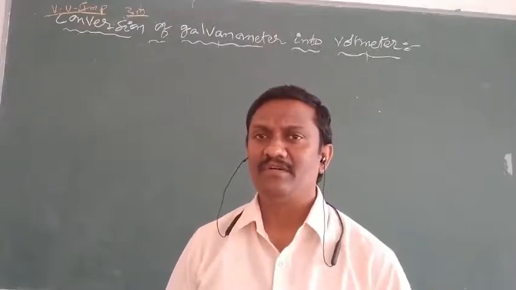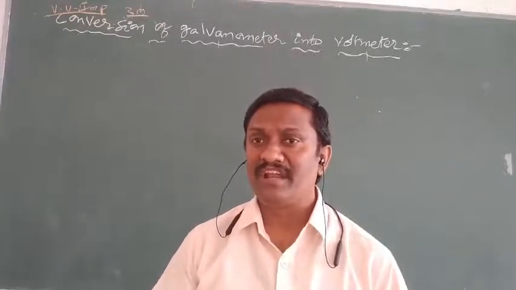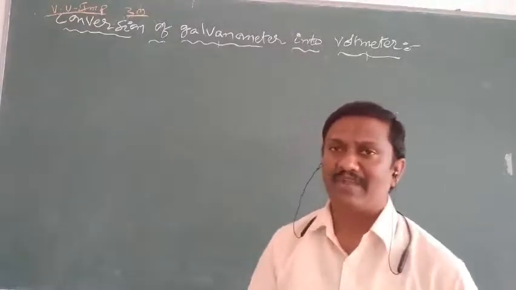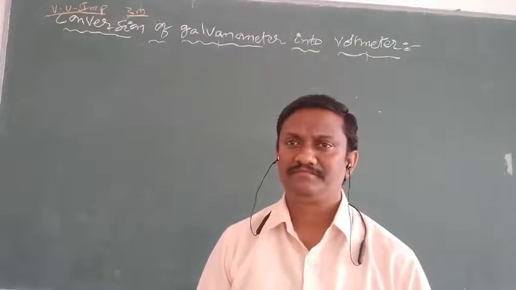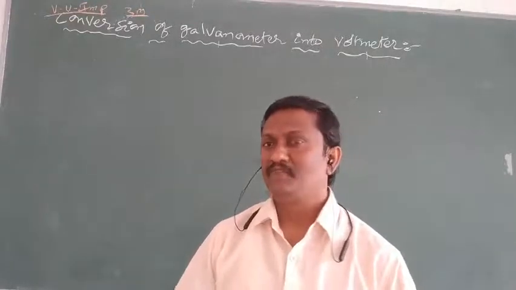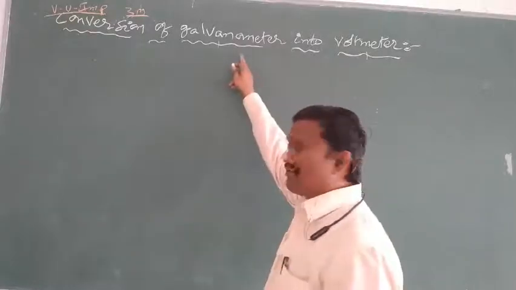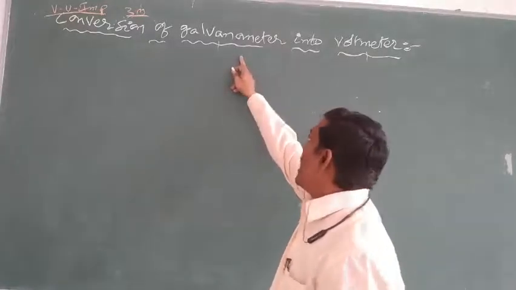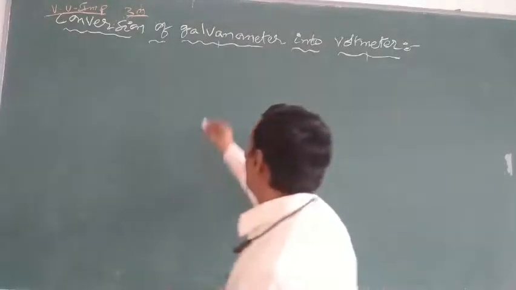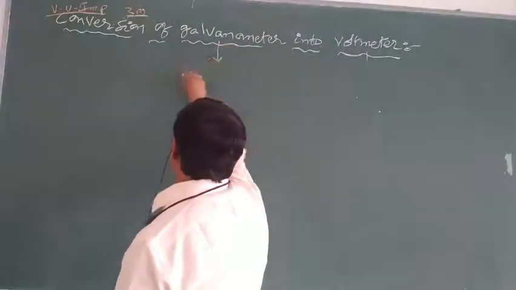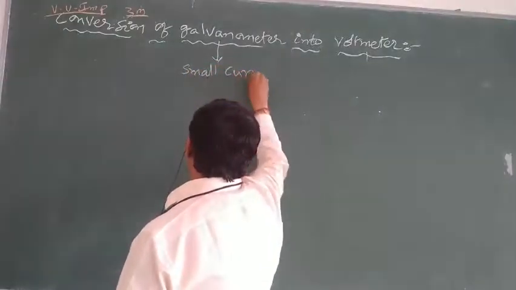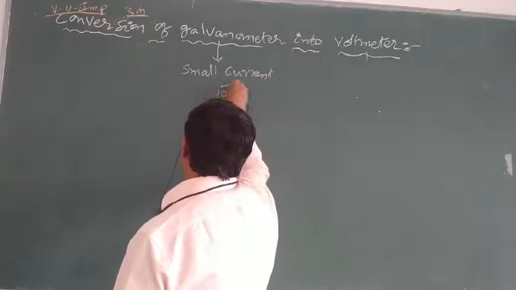In the present video, the continuation, a very linked important concept: the conversion of a galvanometer into a voltmeter. Before converting it is called a galvanometer. With the help of a galvanometer we can measure very small currents in the order of microamperes.